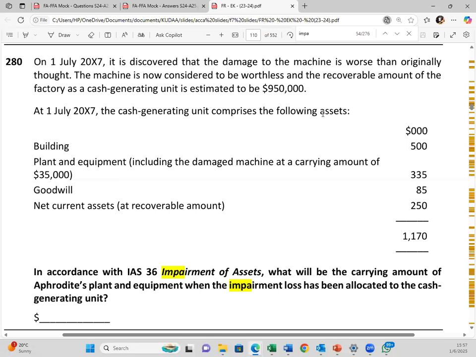At 1 July 2007, the cash generating unit comprises of the following. So we have buildings, but then in accordance with IAS 36, what will be the carrying amount of the plant and equipment when an impairment loss has been allocated to the CGU? So let's allocate the impairment to the CGU.